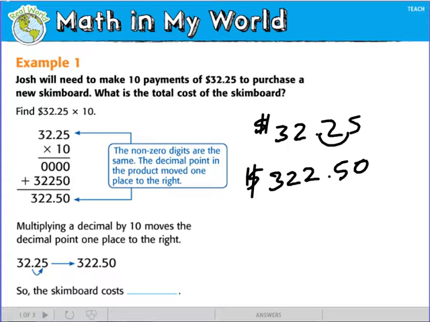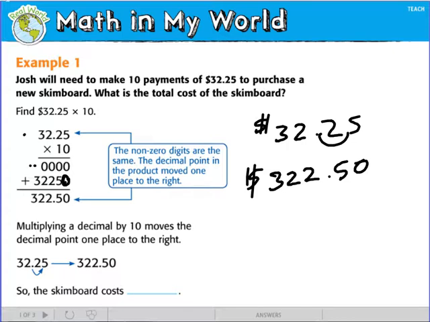All right, so let's go here and find out. So we're going to find $32.25 times 10. So they have it set up for us. The non-zero digits are the same. So we start off with just the zeros down here in our answer, and then there's our placeholder. So our placeholder is what makes the decimal move.